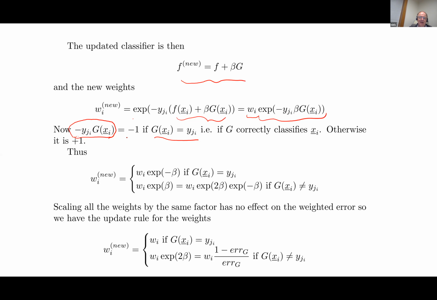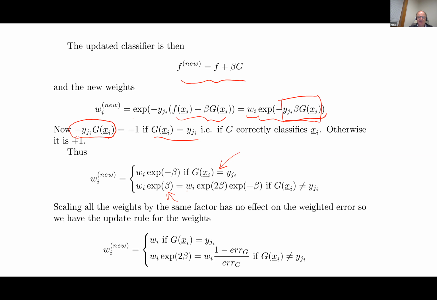So that means this expression is minus 1 if it's correctly classified, and plus 1 if it's incorrectly classified. So we get that the new weight, given that this whole thing is just plus or minus beta, is exp of minus beta if we're correctly classified, and if it's incorrectly classified, then we are multiplying by exp of plus beta.